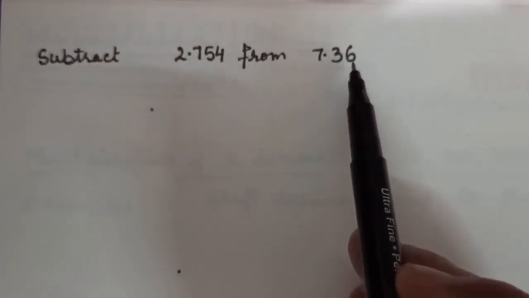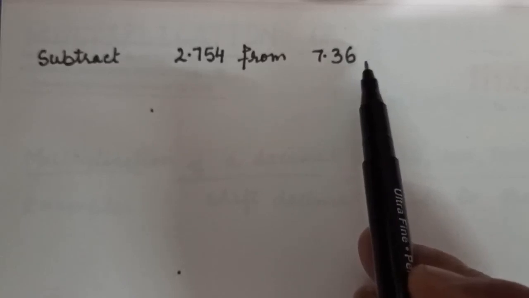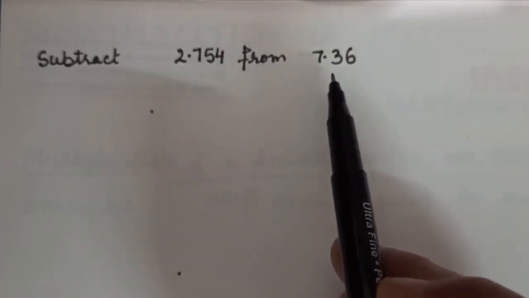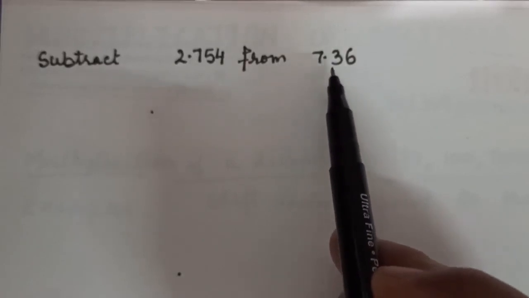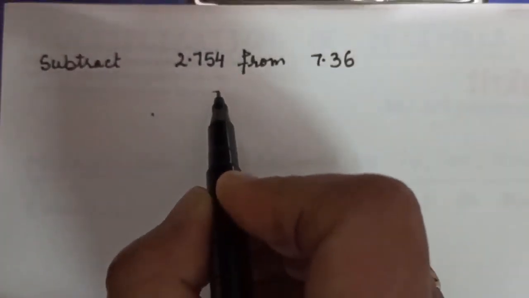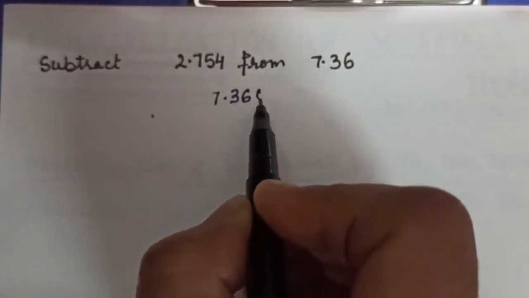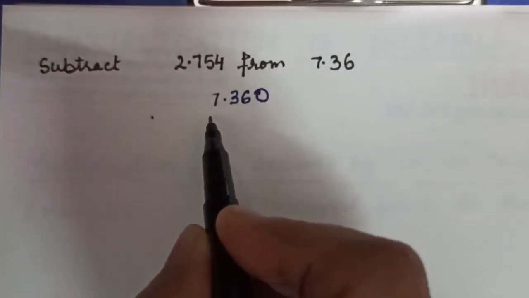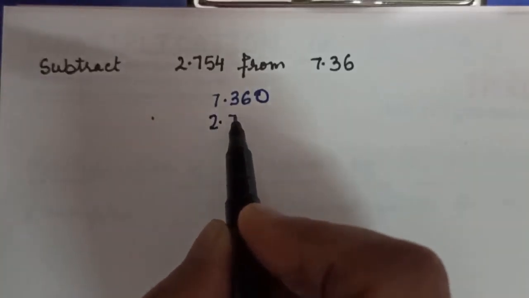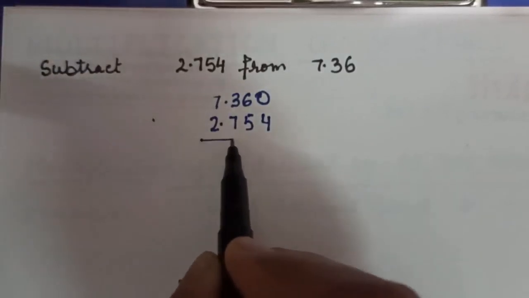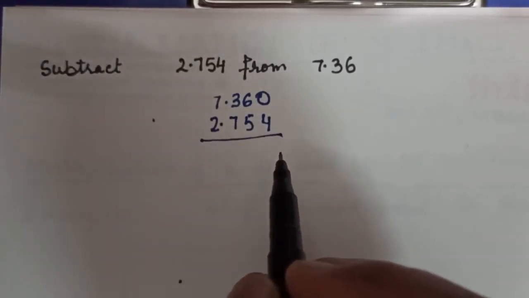So let us change 7.36 to 3 decimal places, and we know that after 'from' we have to write the number first. So we will write 7.36 and change it to 3 decimal places, and below this we will write 2.754.